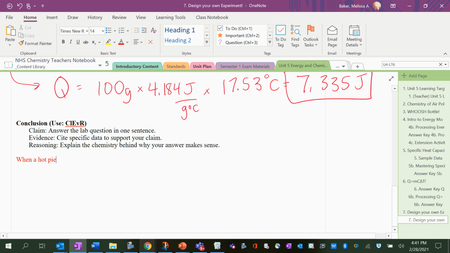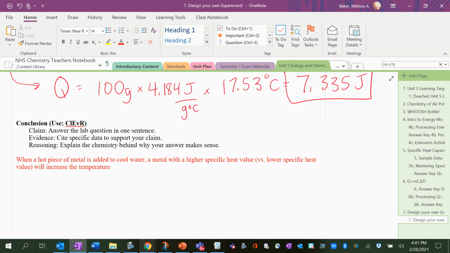When a hot piece of metal is added to cool water, a metal with a higher specific heat value versus lower specific heat value will increase the temperature of water more.